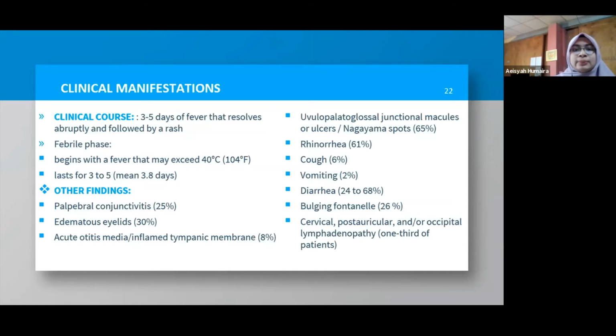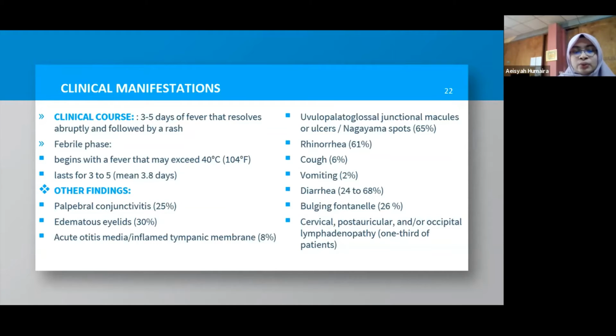For the clinical manifestation, as I said earlier, the clinical course of this syndrome is 3 to 5 days of fever that resolves abruptly and is followed by a rash. During the febrile phase, it begins with a fever that may exceed 40 degrees Celsius and lasts for 3 to 5 days.